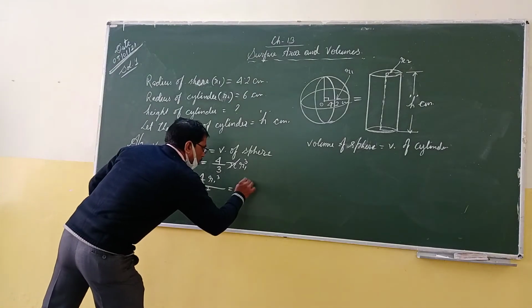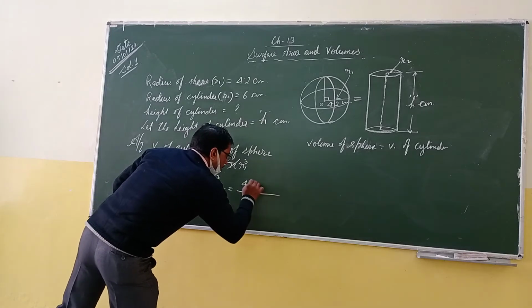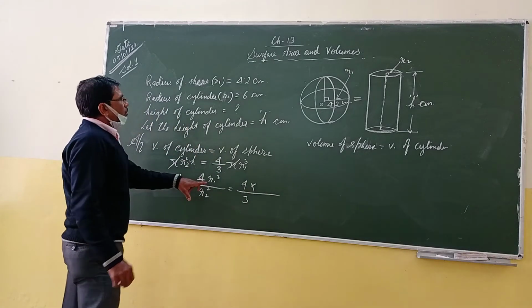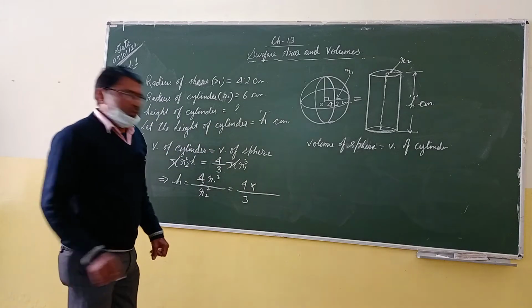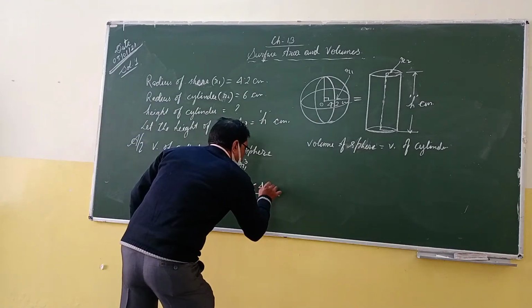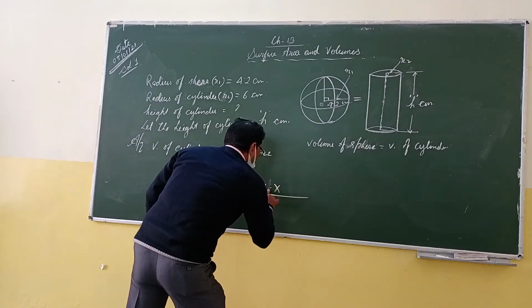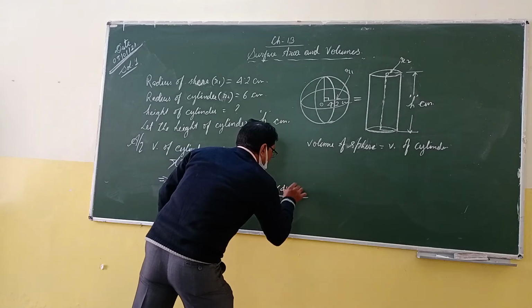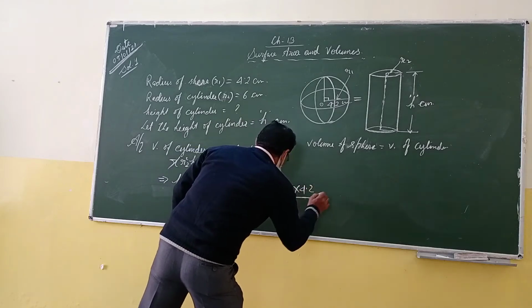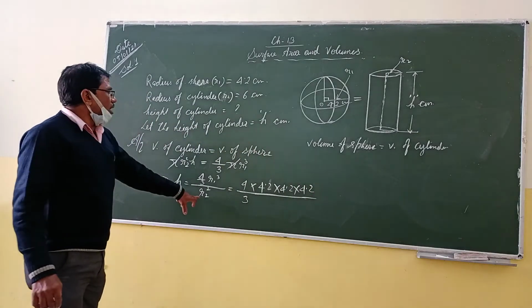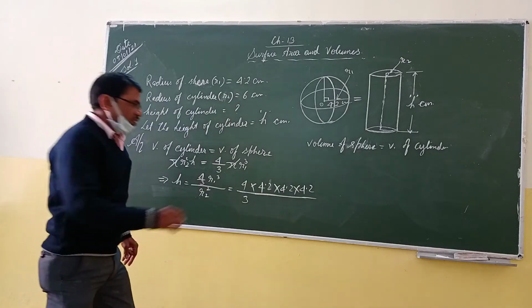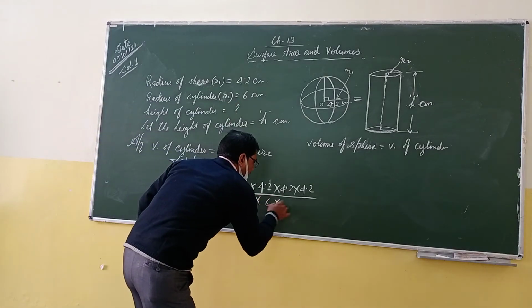Right now 4 by 3, r1 is what? 4.2. So 4.2 into 4.2 into 4.2 by r2. R2 is 6. R2 square, 6 into 6.